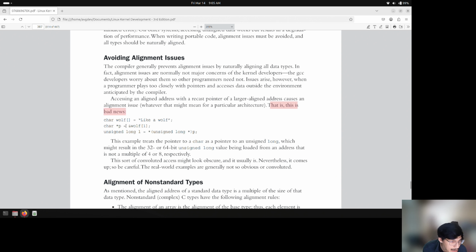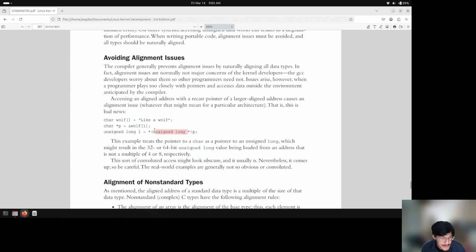news. So we have an array of characters called wolf. Then we store the pointer of wolf offset by 1 of the address. Okay. Then we say, well, now we're going to cast this to be a pointer to an unsigned long, so basically a regular pointer, right?